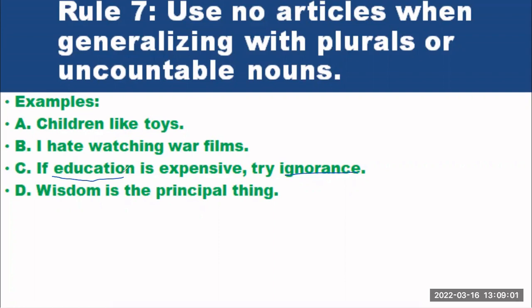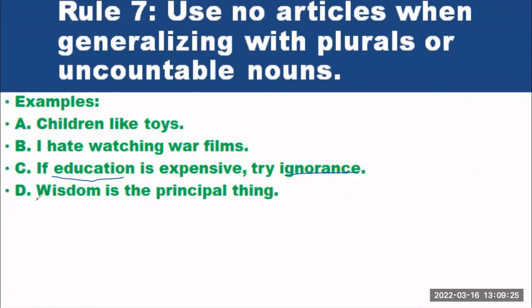You cannot count education, so it's an uncountable noun. You cannot count ignorance. So when you are referring to education in general, and this education is uncountable, then you don't need any article. If education is expensive, try ignorance. You don't need any article with ignorance.